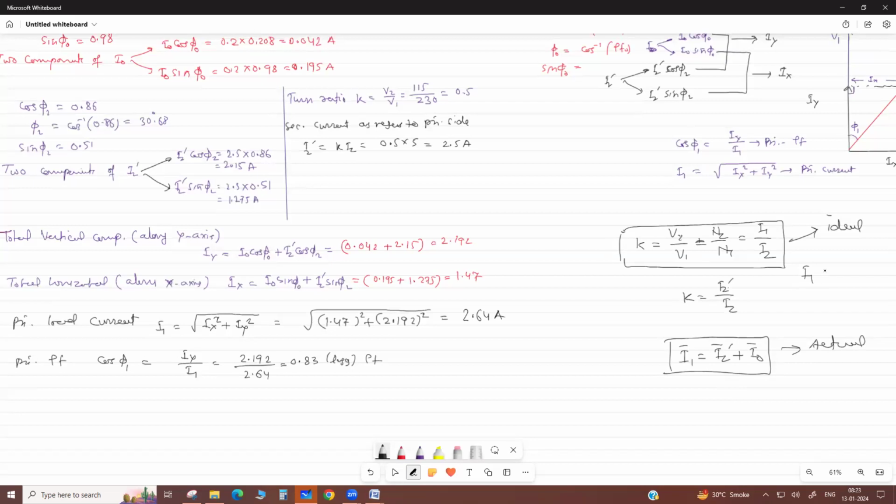If you get I1 equals K I2 from here, that is not I1, it is 2.5, which is actually I2 dash. The actual primary current is 2.64, not 2.5. 2.5 is only the load secondary current as referred to the primary side. You have to add the no load component as a vector sum. Then it is clear.